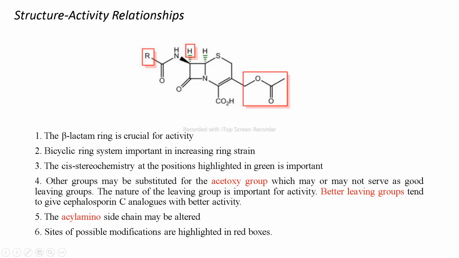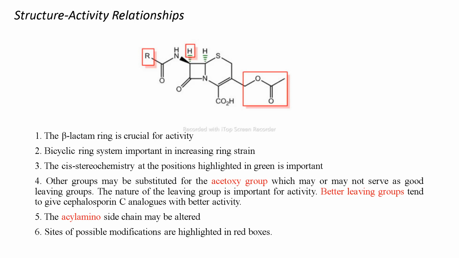Also, the difference is at the third position. In penicillins, there were two dimethyl groups. Over here, it is a different group, an acetyloxymethyl group. Then again, this substitution is the same as penicillin, that is NHCOR. Otherwise, everything is the same. Only these minor changes are there between the structures of penicillin and cephalosporin.